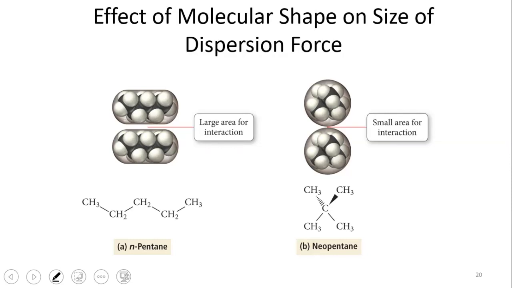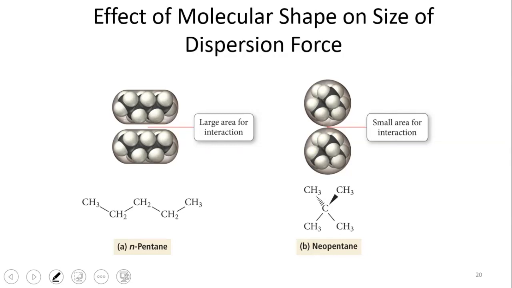N-pentane is organized as a chain of carbons, and because of the tetrahedral geometry around each carbon, it looks like a zigzag kind of chain as opposed to a linear chain. The neopentane essentially has a central carbon around which are these carbons with their entourages of 3 hydrogens each, organized in a tetrahedral shape.